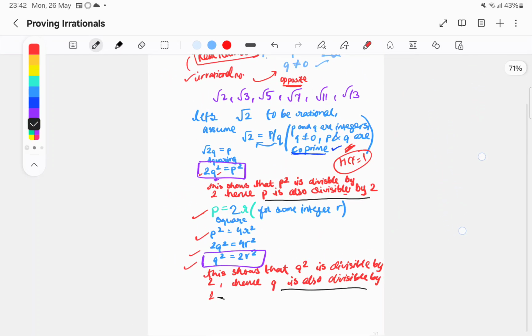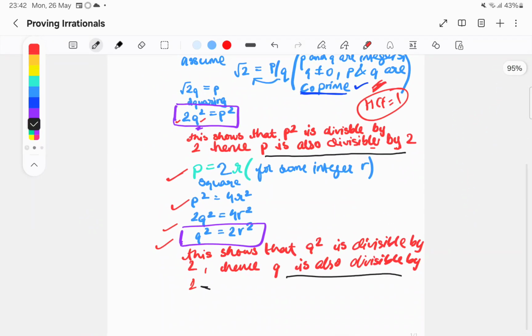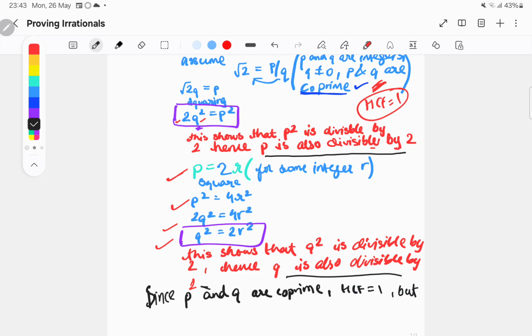So as a final statement, what you need to write over here is that since P and Q are co-prime, as we have taken, HCF should be equal to 1, but they both are divisible by 2.